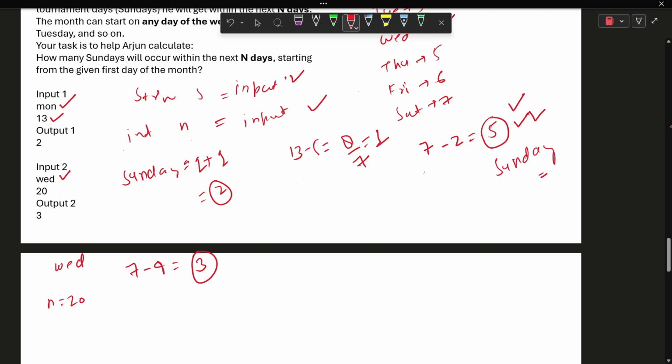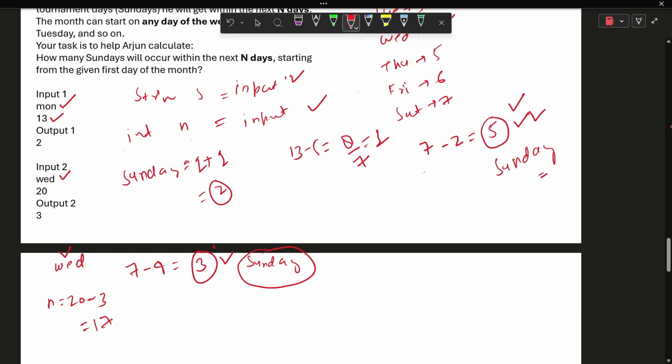It means if the month starts with Wednesday, in the next 3 days, on the third day, it is Sunday. If we subtract 3 from this number, 17 days remain. The third day will be Sunday.